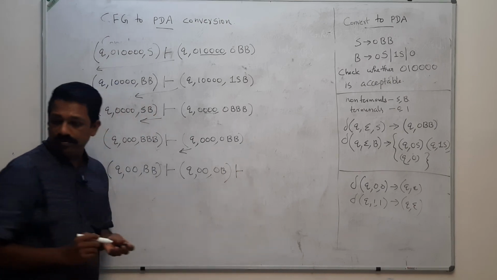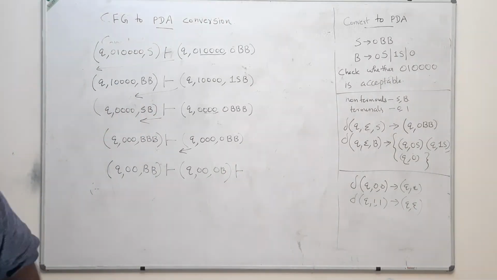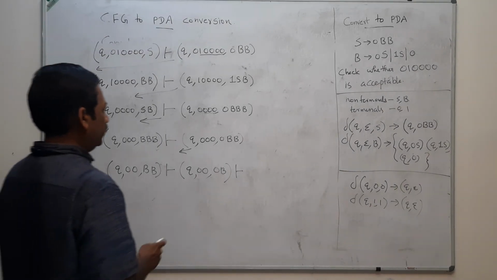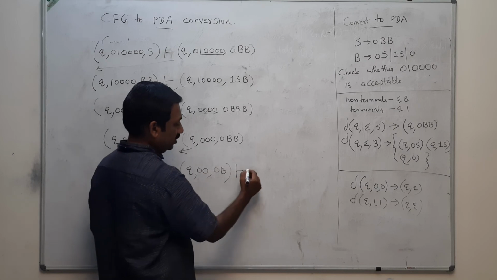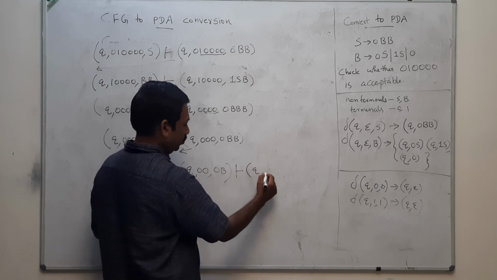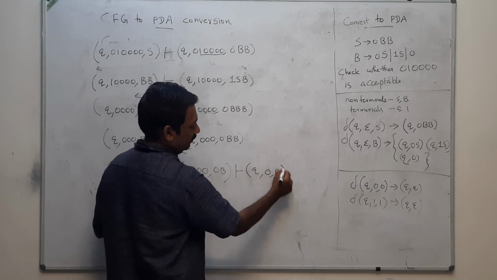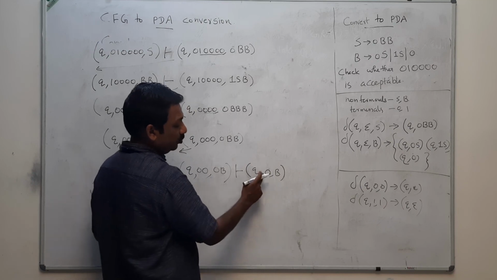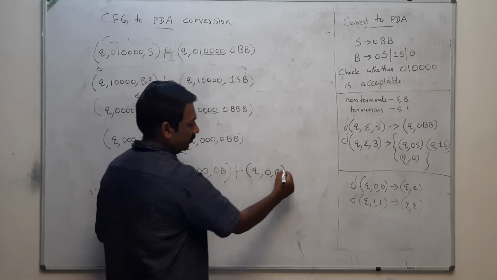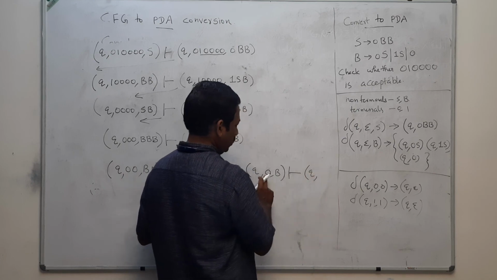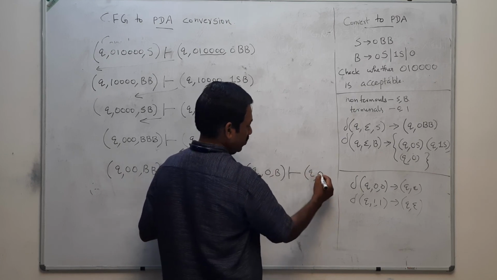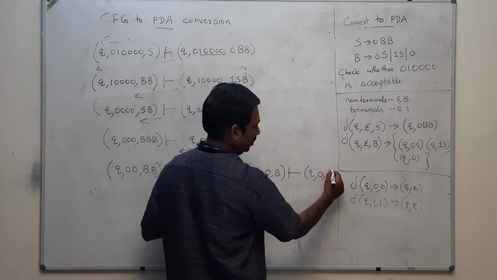And now this is Q00. We are going to pop this and advance. Going to have Q0B and Q0. Q epsilon B is Q0, which is Q. This is 0 and this is 0.